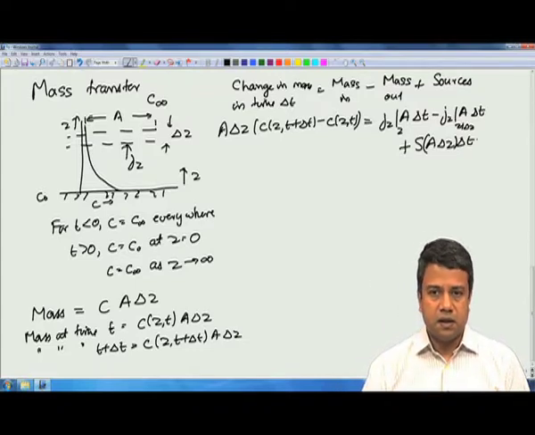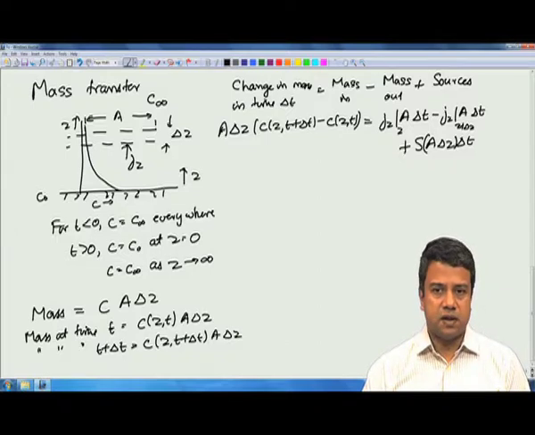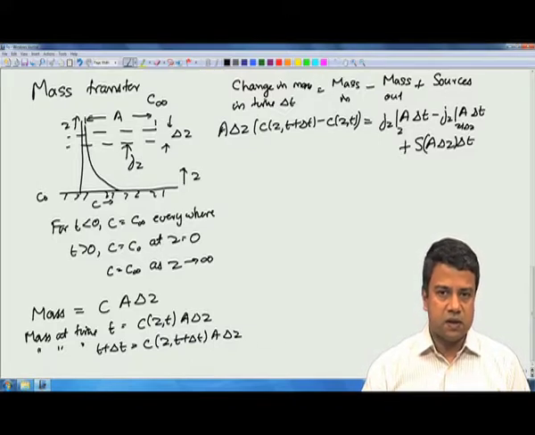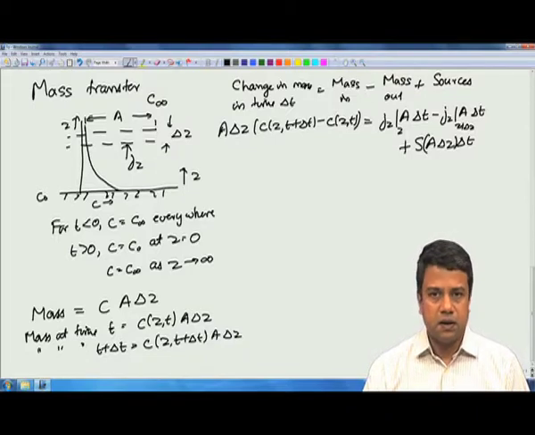S is the time rate of generation of mass per unit volume. Multiply that by the volume, multiply that by the time interval to get how much mass has been generated within this volume within the time interval. So, this is the balance equation.